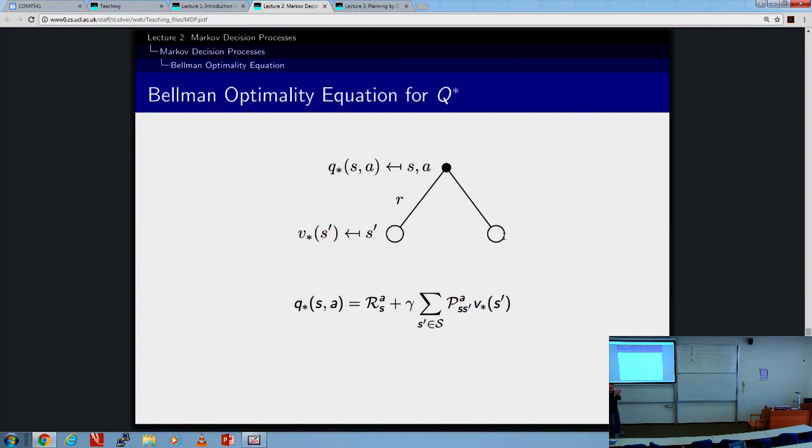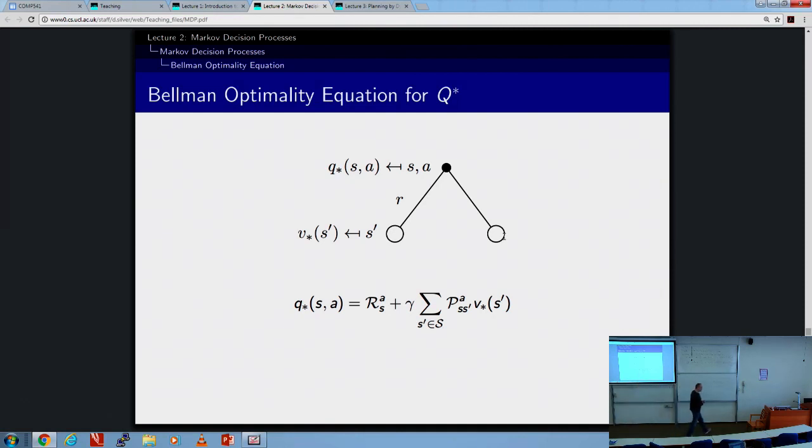That doesn't guarantee you end up in a particular state, so we still have a discounted summation. In this summation, this is the probability I'm going to end up in state S prime, and this is the optimal V value for state S prime. So this is the expected value I'm going to get from my next state.